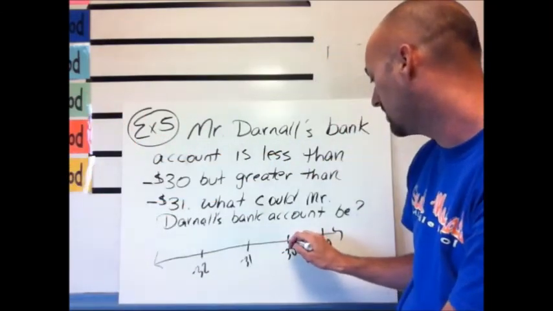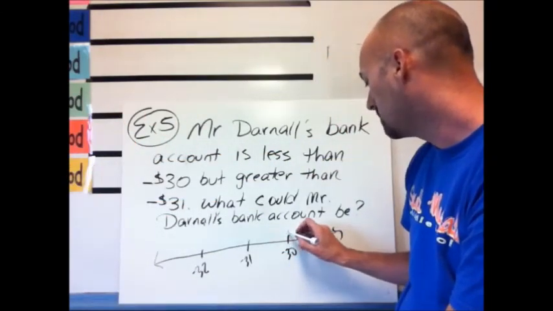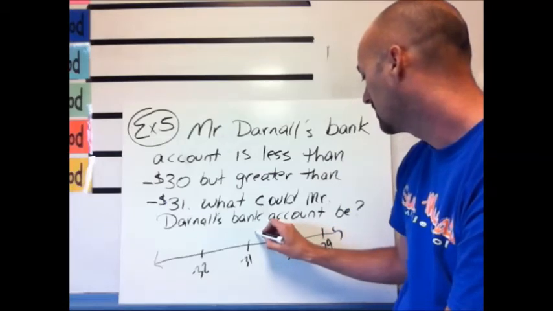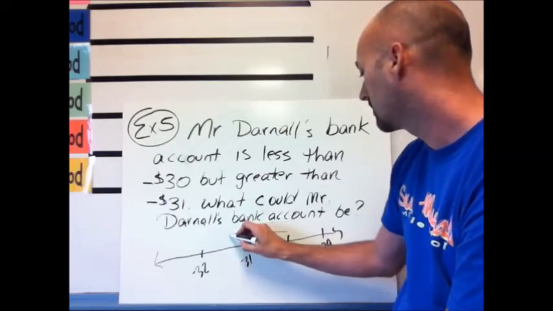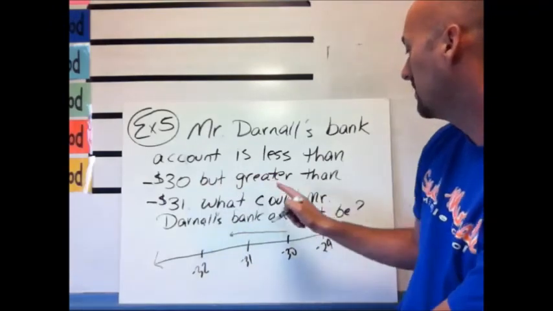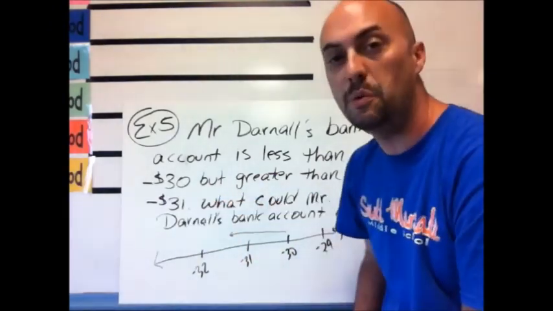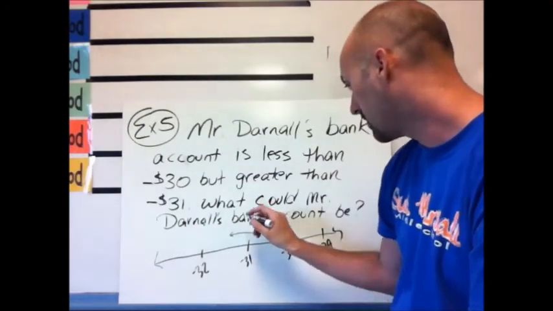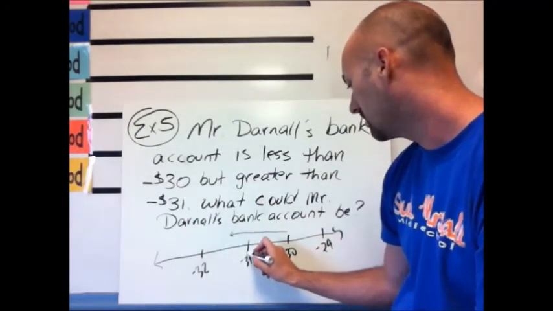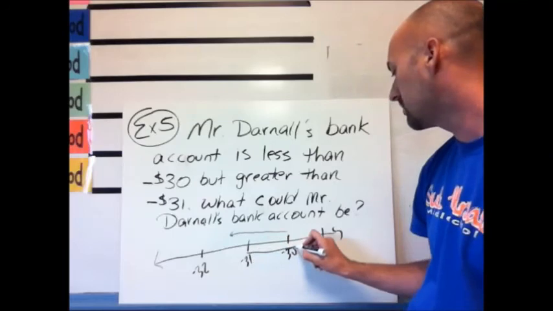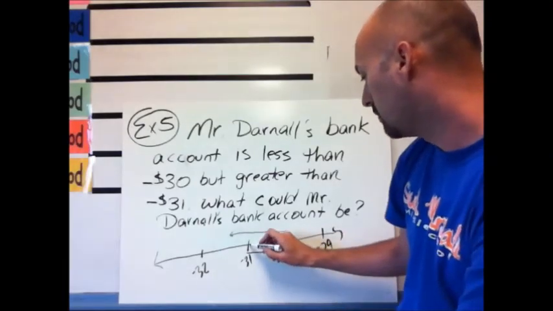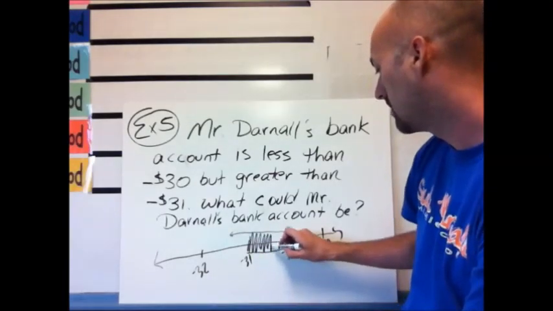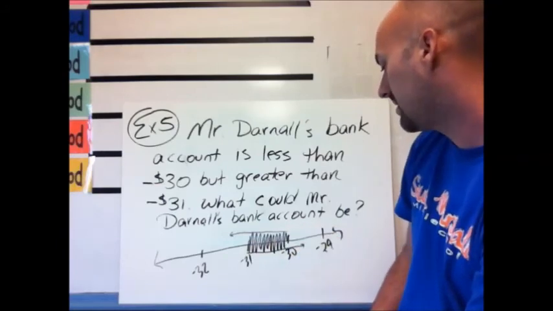So that means let's start at negative 30, and it has to be less than that. Okay? But it's greater than negative 31. Well, greater sends me back to the right. So greater than negative 31, I'm right here, and I'm headed this direction. So let's look at where they overlap. Somewhere in that section right there.